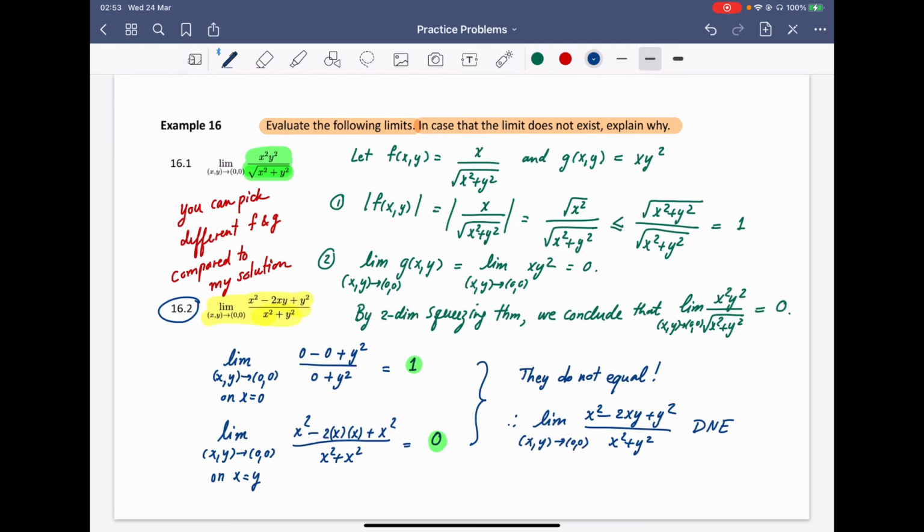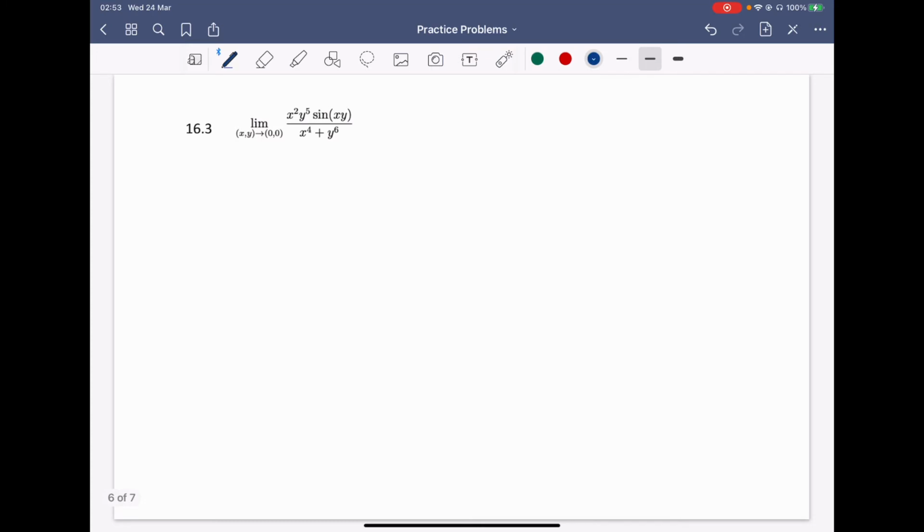Good. Next, let's do 16.3. This is the one that maybe you're going to have a hard time with, because you see that you have x to the fourth power and y to the sixth power in the denominator.